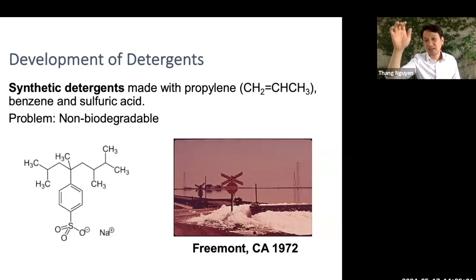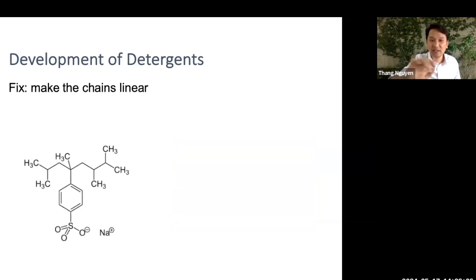So, as science does, when there's an issue, we can fix it by engineering a fix. And this is a biochemical engineering fix. Remember, the original soap was biodegradable because it had a linear chain instead of all this branching. But it had that hydrophilic head that precipitates out.